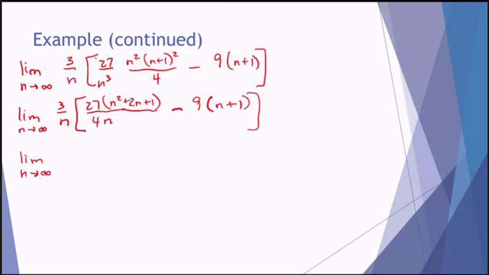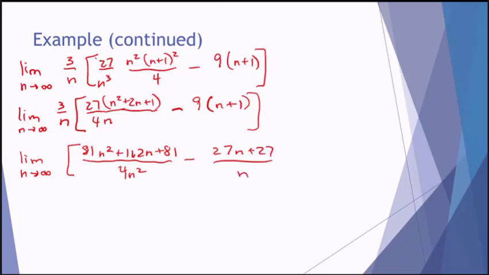I'm going to distribute the 3 divided by n to both of the terms that follow. And in the first term, distribute the 27 to the n squared plus 2n plus 1. So I will have 81n squared plus 162n plus 81, because the 3 times the 27 gives me 81, divided by 4n squared. And then if I distribute the 3 divided by n to this one, we're going to get minus 27n plus 27 divided by n.